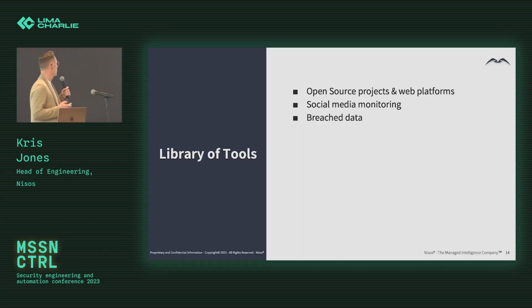So there are 3 categories within this library of tooling. First of all, there are the open source projects and web platforms. There's an amazing community of OSINT developers, the likes of Bellingcat, who are constantly releasing really awesome tools on GitHub and other forums out there.